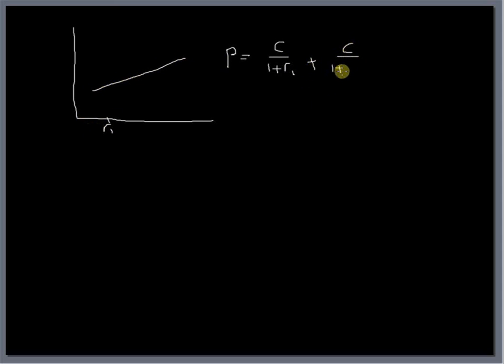Let's look at bond valuation again. When you value a bond, I'm going to write down the formula again. 1 plus R1, so this is C over 1 plus R1.